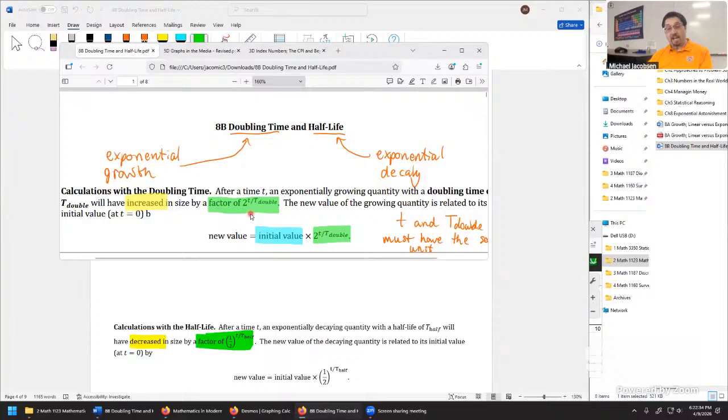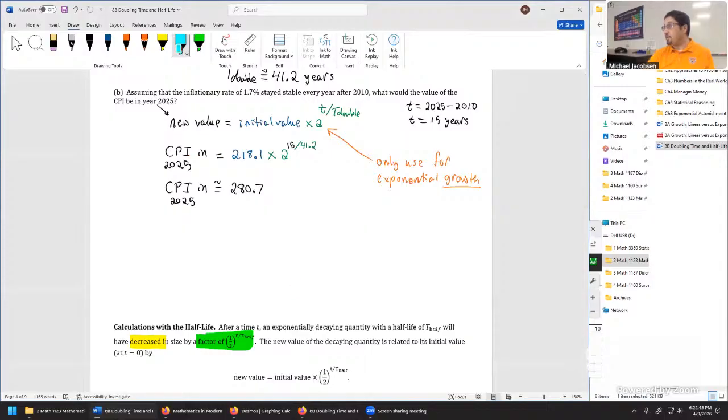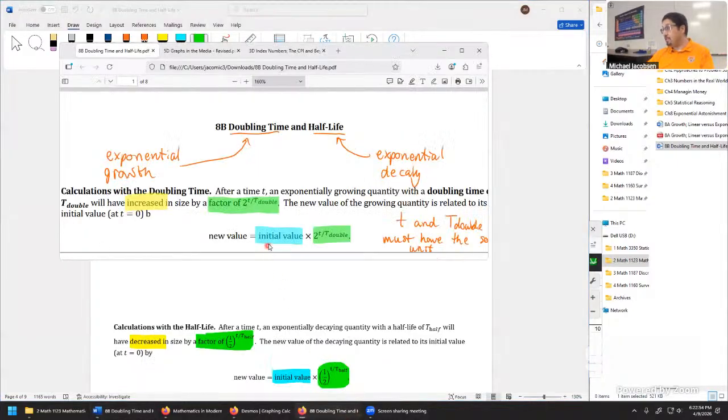So this is the increase factor, but now we're looking at the decrease factor here. And we will say the new value is going to be an initial value. Let's highlight that as before, times the factor by which it decreases, 1/2 to the power t over t half.